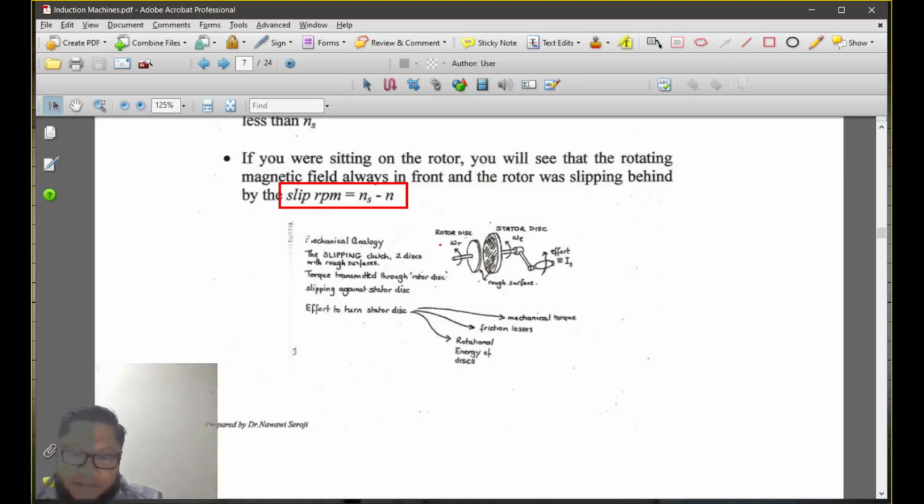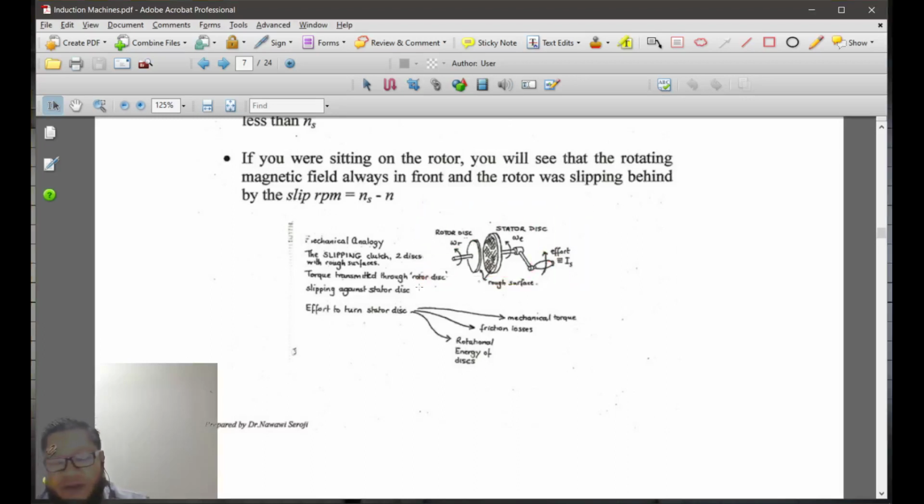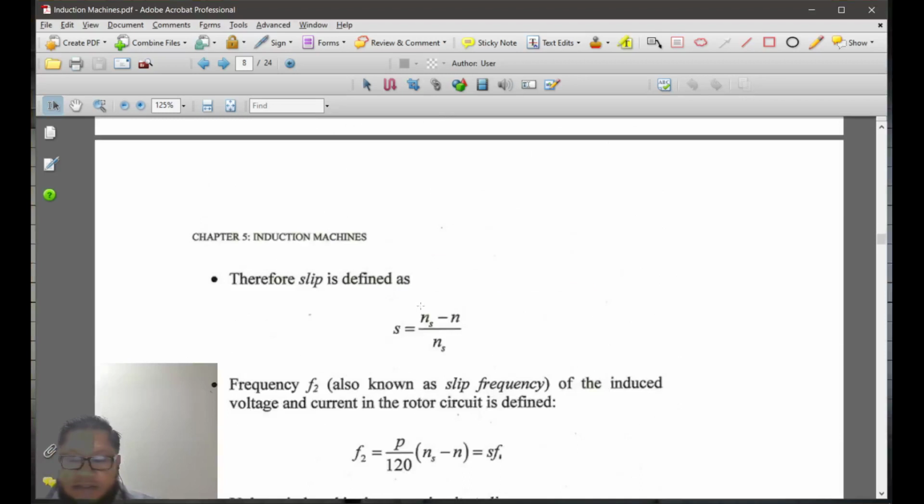n is the speed of the rotor, and ns is the speed of the rotating magnetic field. So just imagine this slipping clutch with the handle, then you can imagine how you get that s.